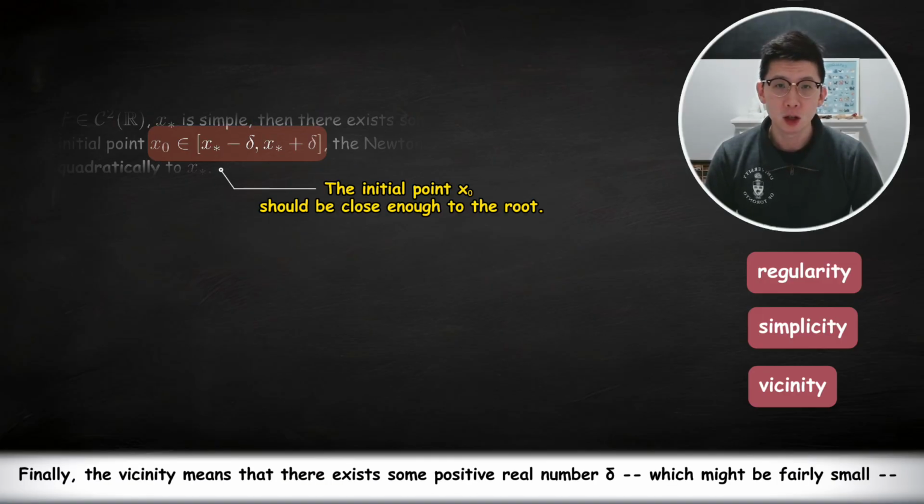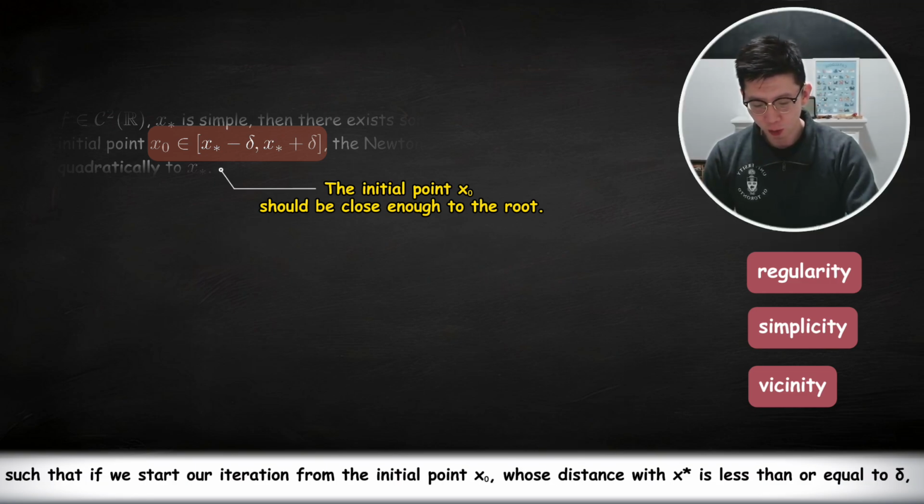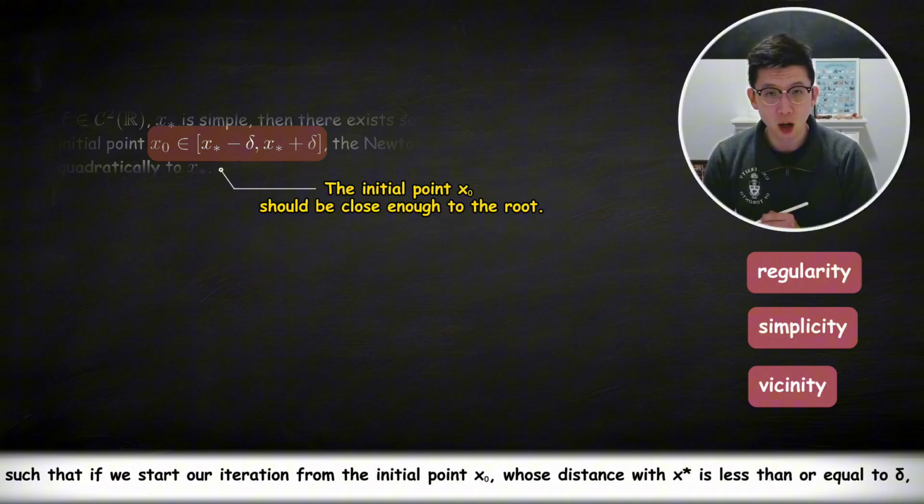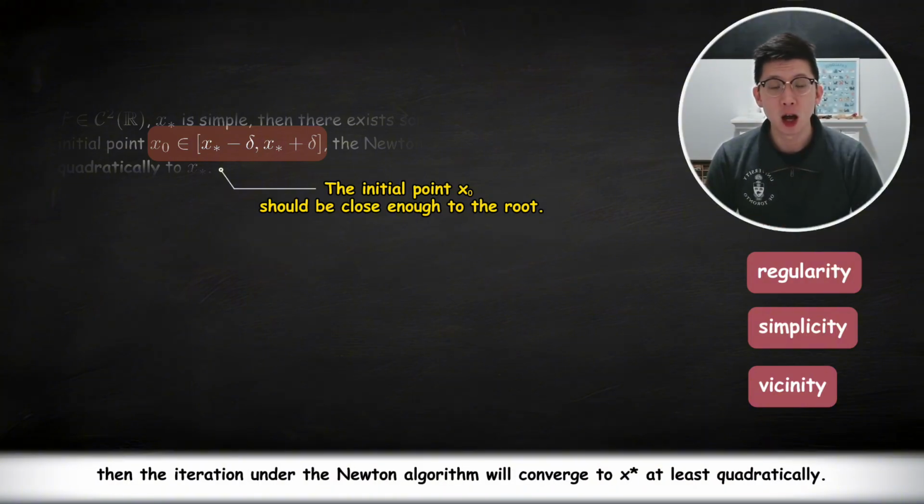Finally, vicinity means that there exists some positive real number delta, which might be fairly small, such that if we start our iteration from the initial point x0, whose distance from x star is less than or equal to delta, then the iteration under the Newton algorithm will converge to x star at least quadratically.